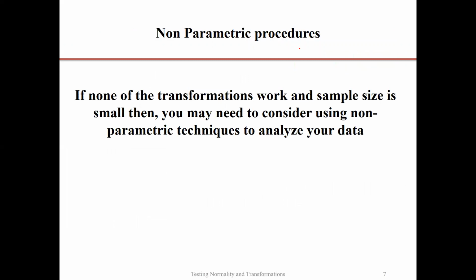The non-parametric procedure is not one procedure, it is a family of procedures, which are known as non-parametric procedures. So if data does not meet the assumption of normality and the sample size is small, then a non-parametric procedure can be used. But it is the last option for quantitative data.